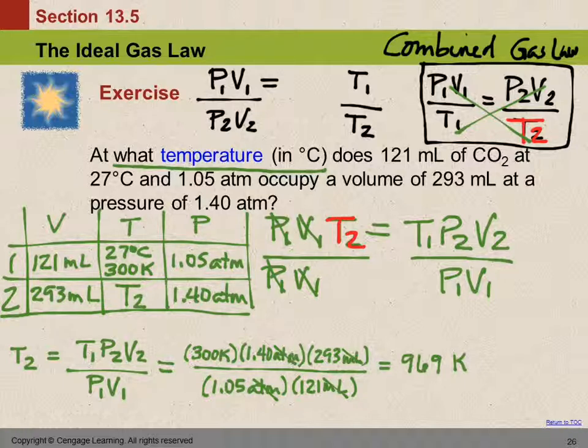Anybody else get that number? I rounded it to 3 sig figs. Okay. Is that the answer? Not quite. It asks for temperature in Celsius. We need to convert to Celsius. We do that by subtracting 273. And there's our answer.